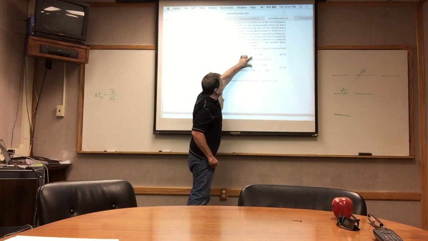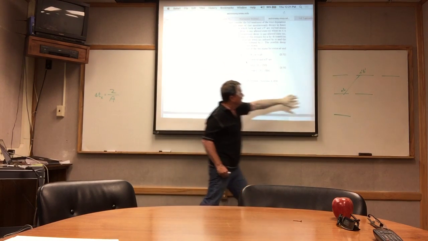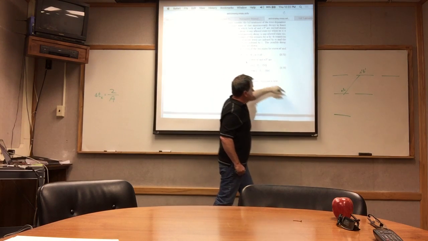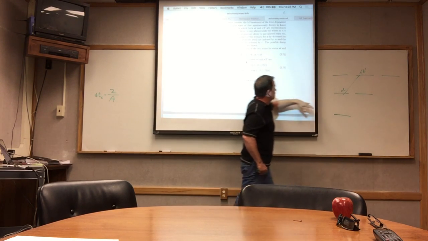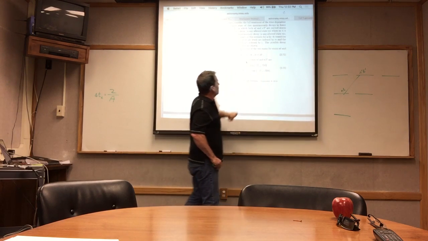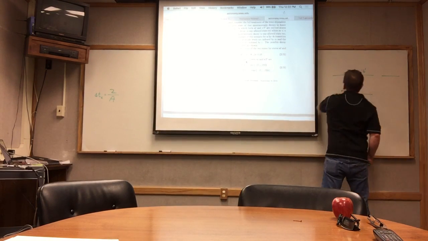So N decays, an oscillatory wave function here, which can decay to some other states at some E-folding time, 2 over gamma NL. And the same thing with this state, it can decay.